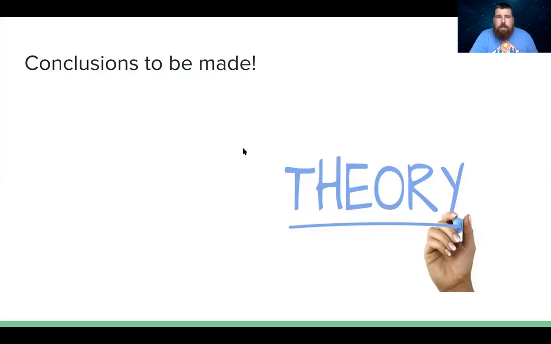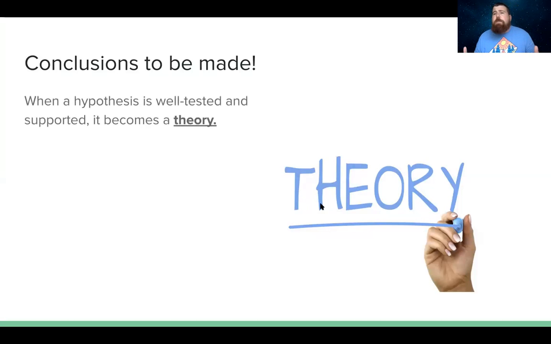So moving on. The last two things we're going to talk about are theories and laws. Let's first start with theories. Generally speaking, if I test a hypothesis over and over again, and the results of the experimentation continue to support my hypothesis, then that hypothesis can slowly morph into a theory.